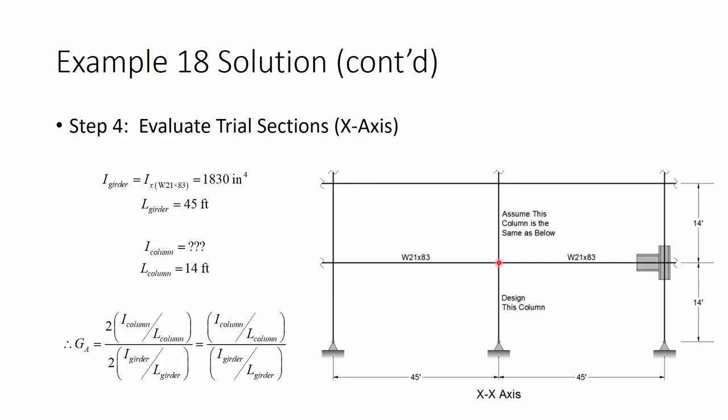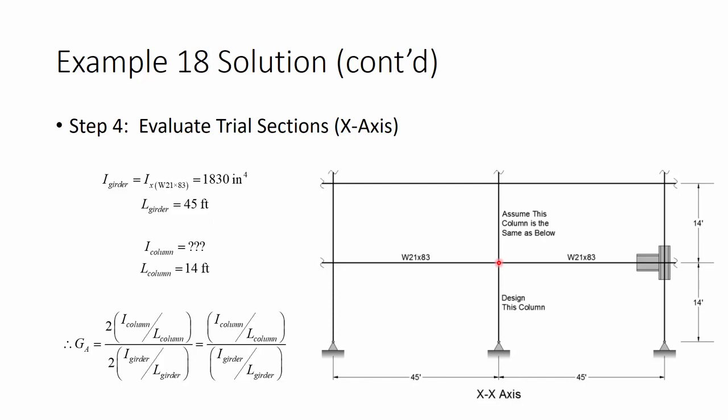And if you look at that joint, how many columns are framing into it? Well, there's two, the one from above and the actual column itself. And how many beams or girders are framing into that joint? Well, there's two. So there's two columns and two girders framing into that joint.